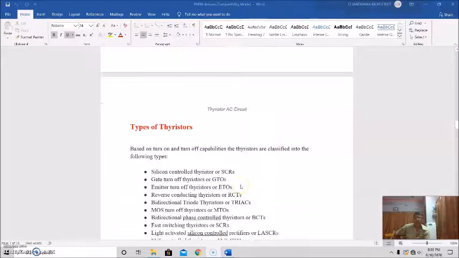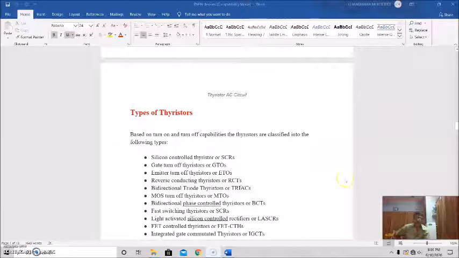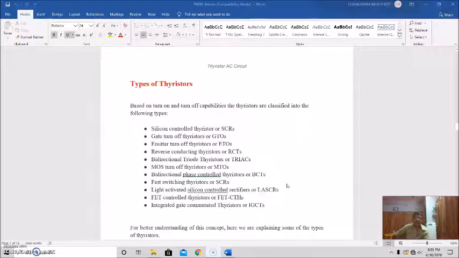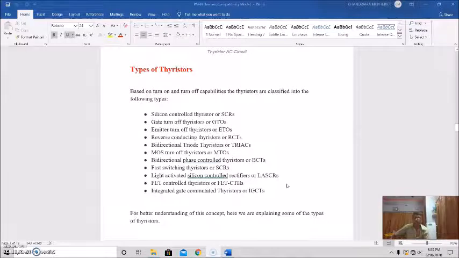Now we'll talk about the different types of thyristor, based on turn on and turn off capabilities. Thyristors are classified into the following types: silicon controlled rectifiers or SCRs, gate turn off thyristors or GTO.